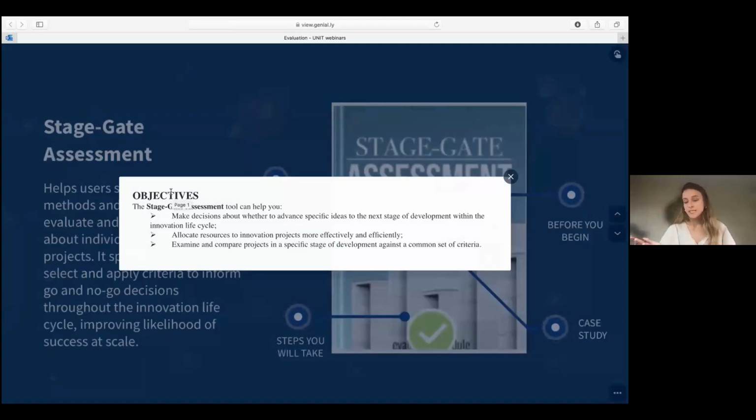The innovation life cycle is the ideation, incubation, pilot, and scale phases. Also, another objective is to allocate resources to innovation projects more effectively and efficiently based on areas of improvement identified, as well as to examine and compare projects in a specific stage of development against a common set of criteria.